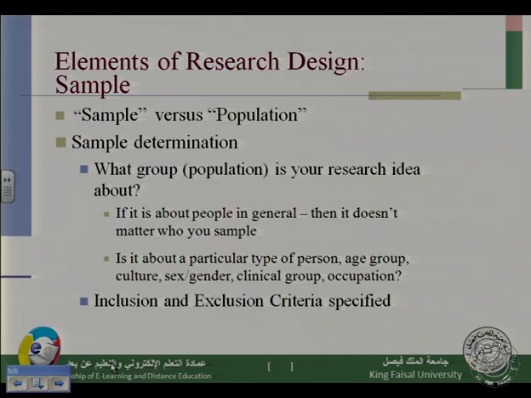You need to justify the selection, and the justification should be reasonable and should be linked to your research objectives. My objective is to target, for example, the low achievement children, because I want to help them to learn the language. So I'm targeting only the low proficient students. Well, this is fine because this is linked to your research objective.